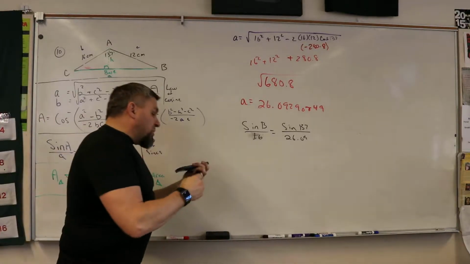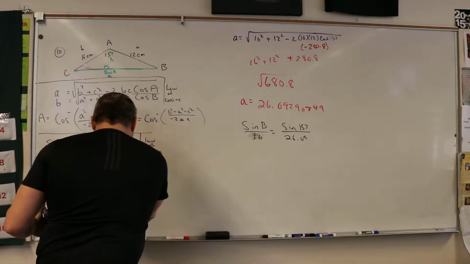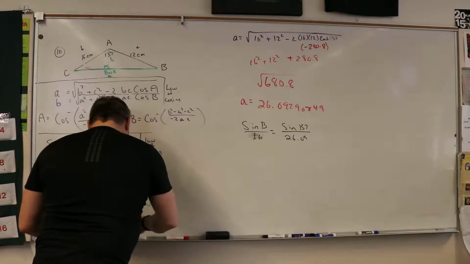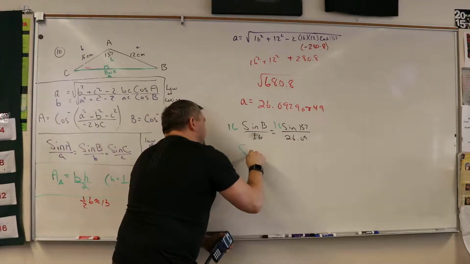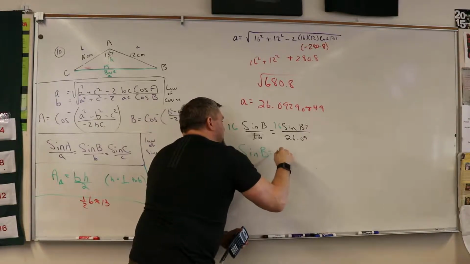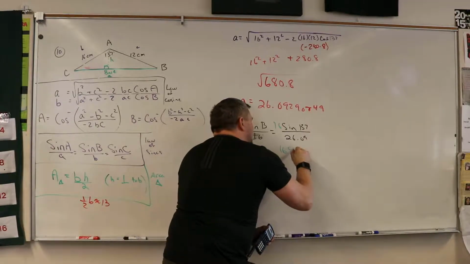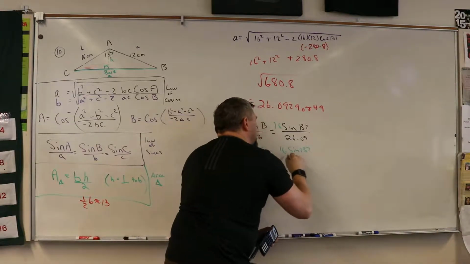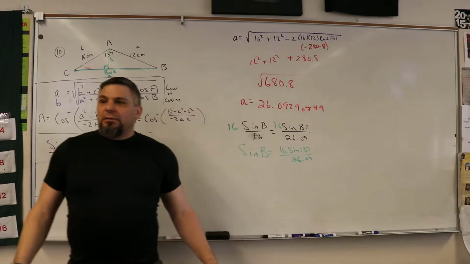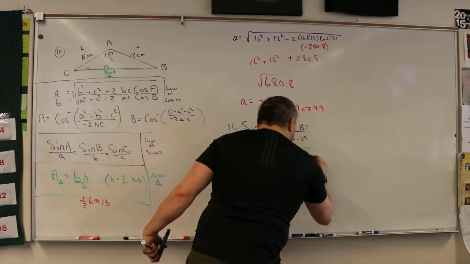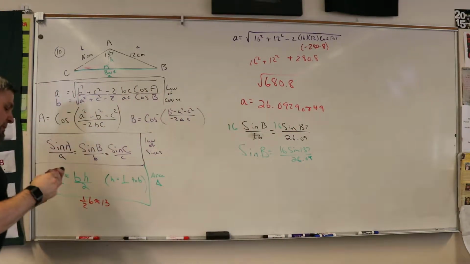Now, to solve for the sine of B, I would multiply 16 on both sides, correct? So the sine of B is equal to 16 sine 137 divided by the 26.09. Right? That's a 9, not a 7. Okay?